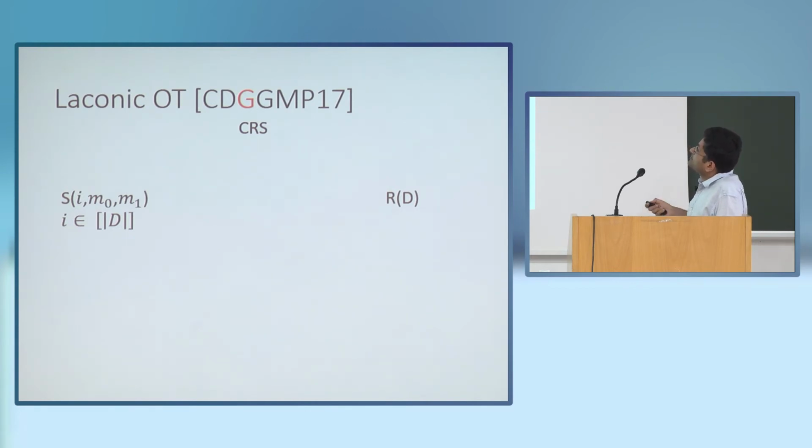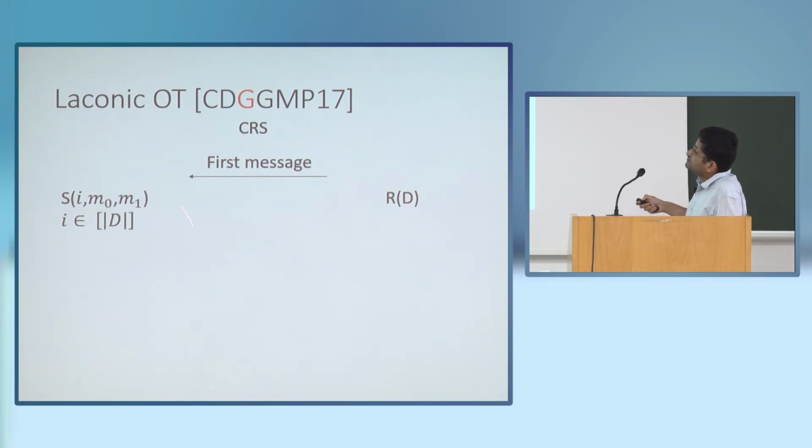So what the receiver does is it uses its database and the CRS. It has to read its entire input, so it has to do work proportional to the size of this database D. It runs using the CRS and this database D, and produces a first message.